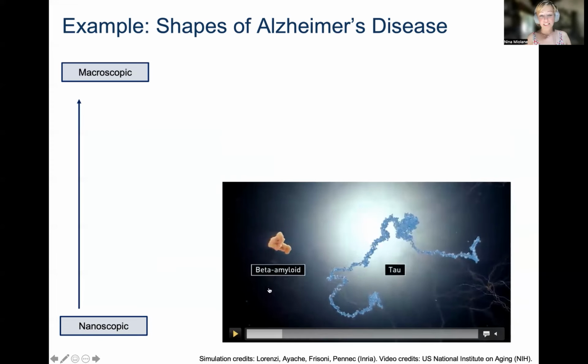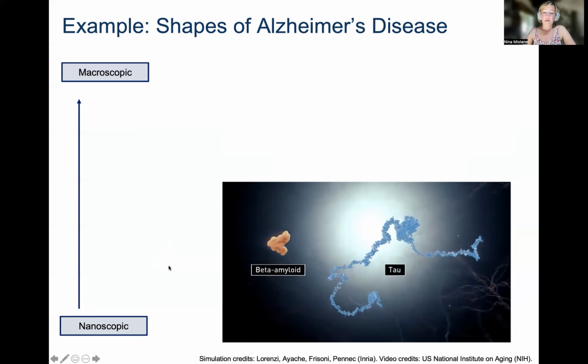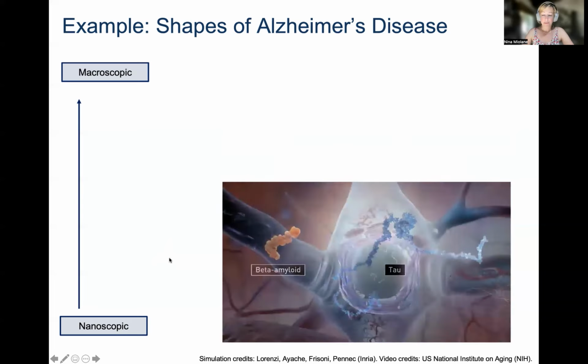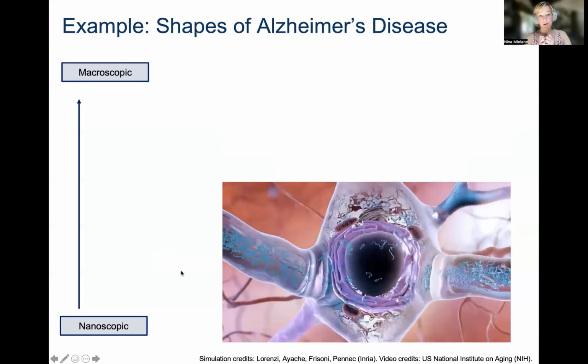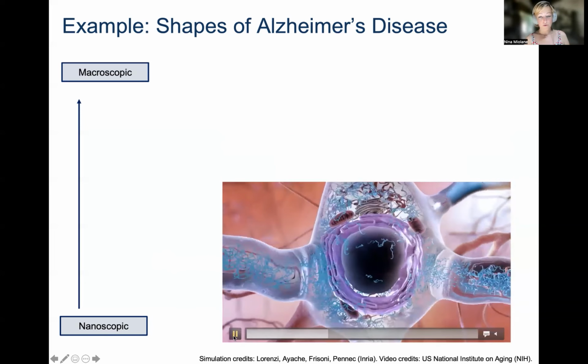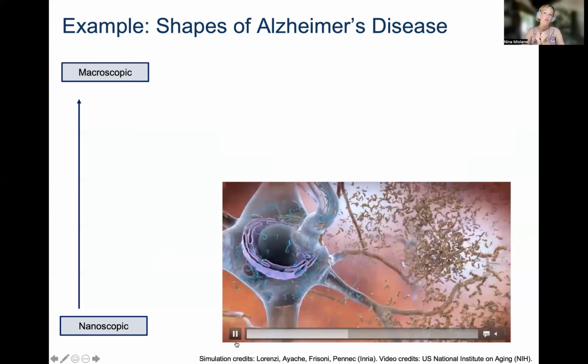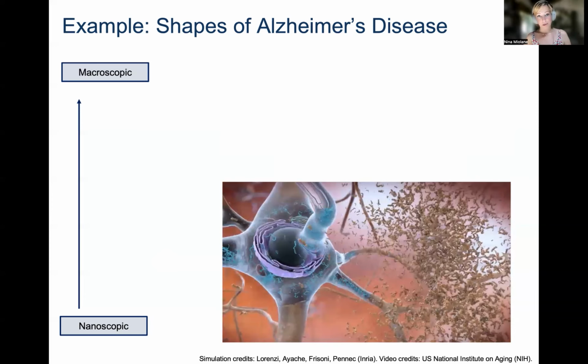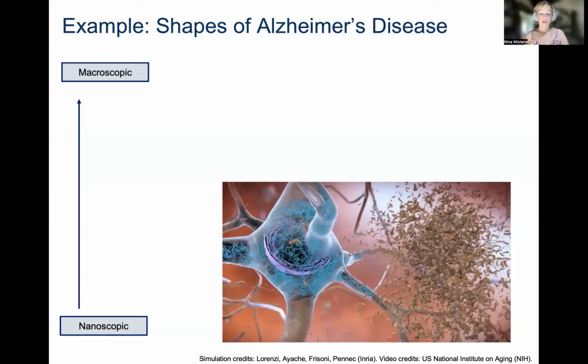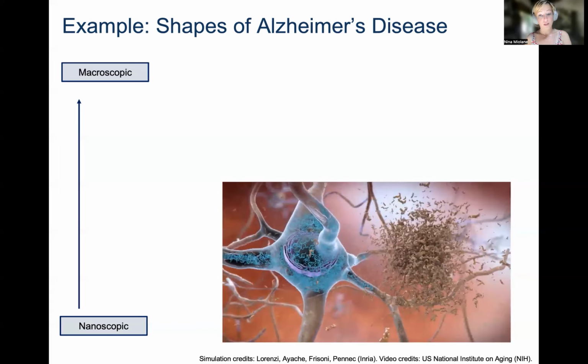We have these 2 proteins, beta amyloid and tau, that are changing shape in patients with Alzheimer's disease. And because they have changed shape, they will agglomerate either inside the neurons, so we see in blue that the proteins agglomerate inside the neuron, or they will agglomerate outside the neuron. And these agglomerations are what will cause the neuron to die.